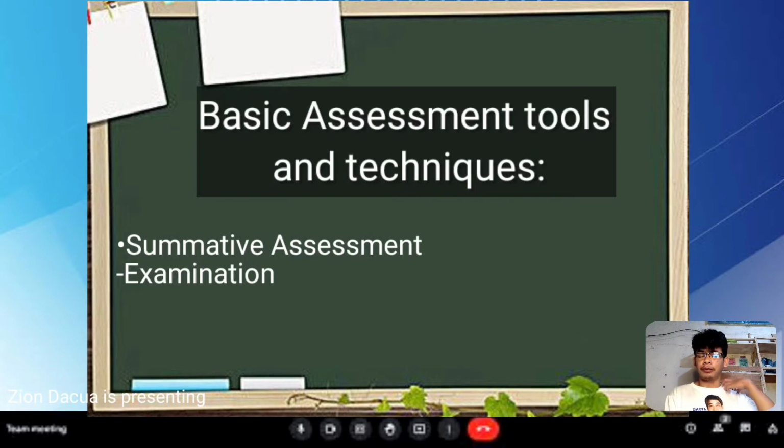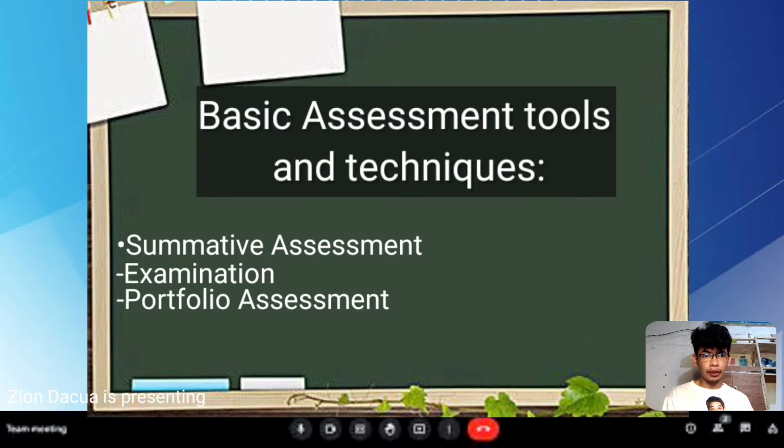Next, we have the portfolio assessment, a form of authentic assessment in which students collect samples of their work in a portfolio to document their progress over time.